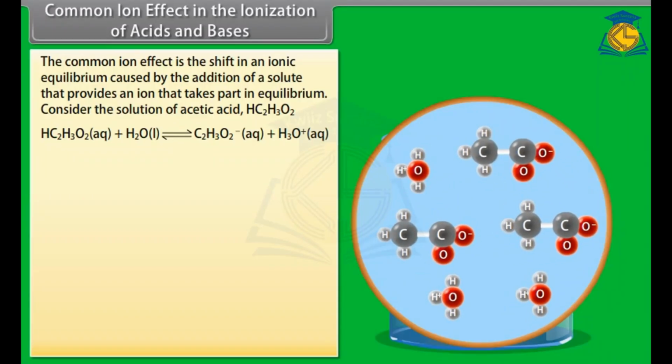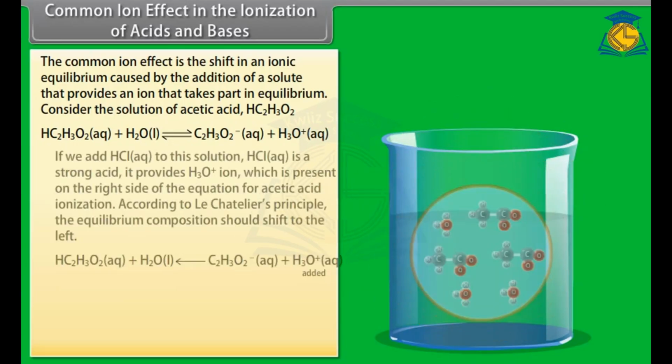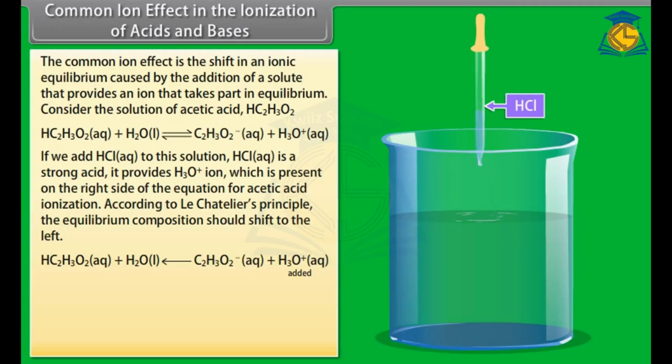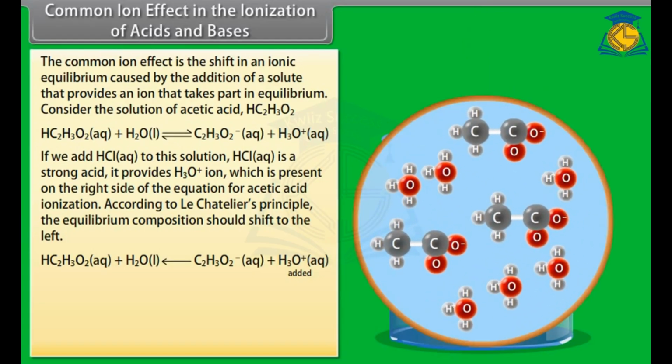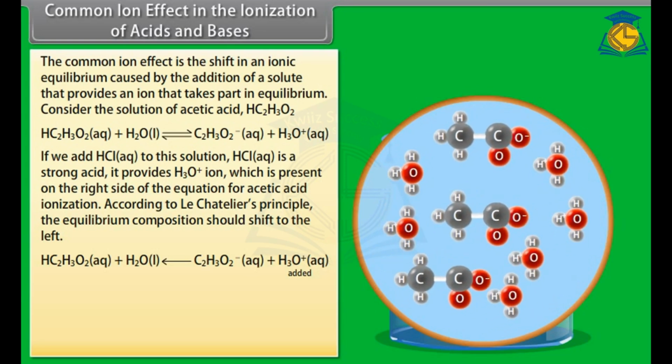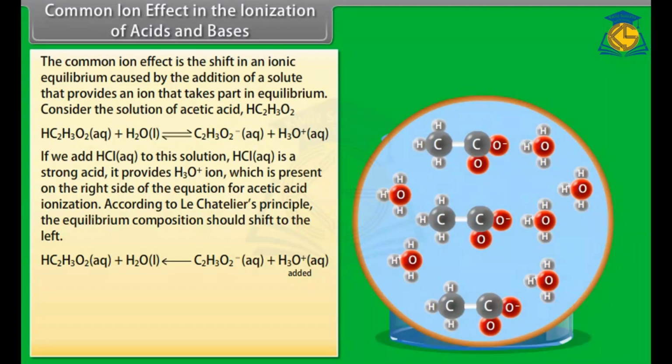Consider a solution of acetic acid, HC2H3O2. If we add aqueous HCl, a strong acid, to this solution, it provides H3O+ ions, which are present on the right side of the equation for acetic acid ionization.